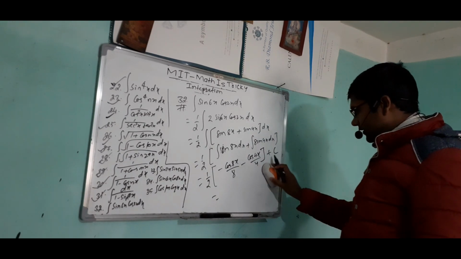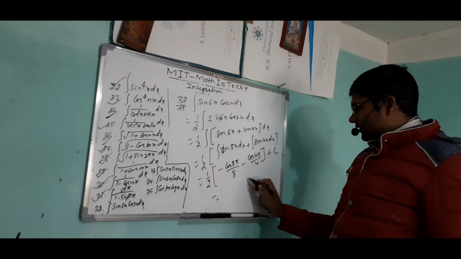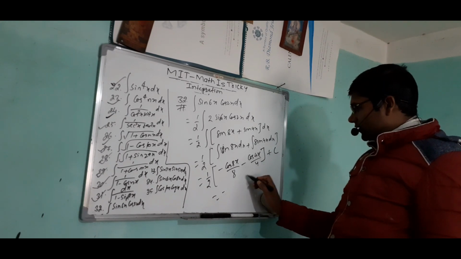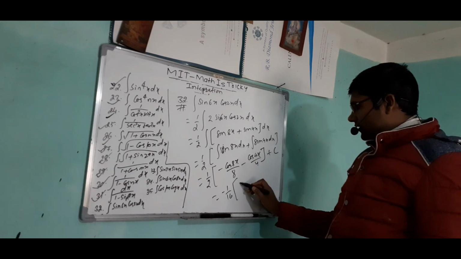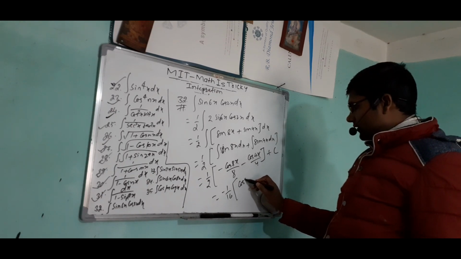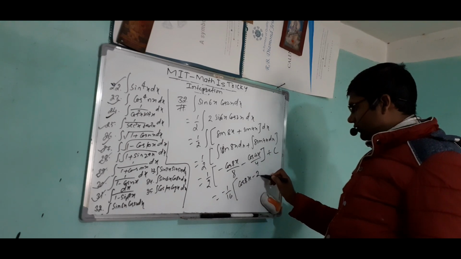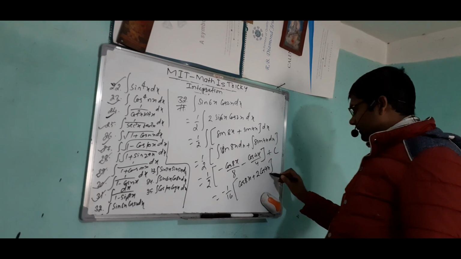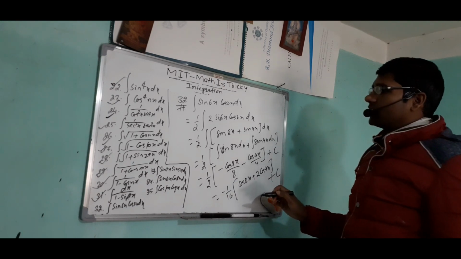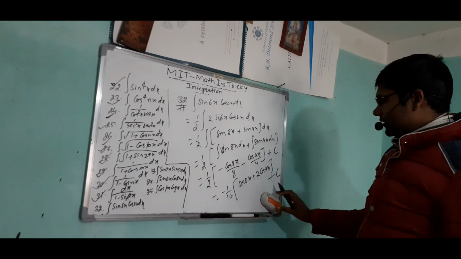If you simplify, you'll get the answer: minus 1 by 16 times cos 8x plus 2 cos 4x plus c. That's our answer. Okay, so let's see another question.